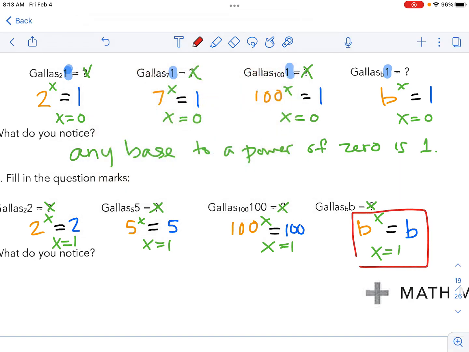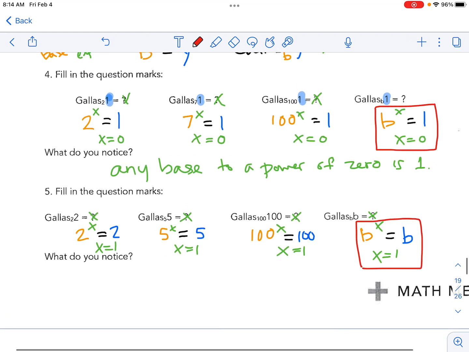So these become what we call identities. Doesn't matter what the base is, we will always have those values for any base.